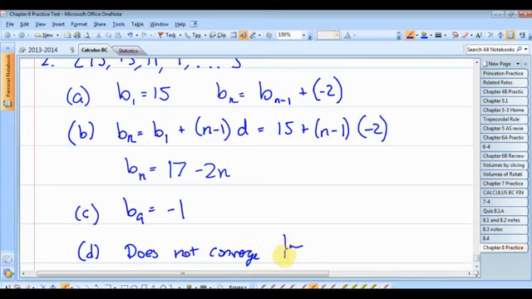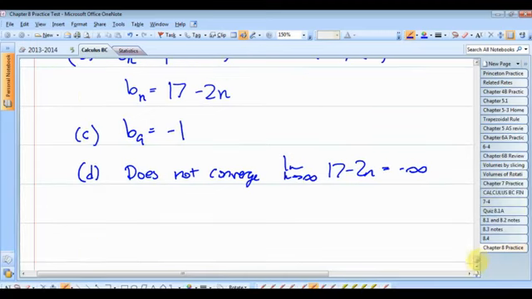The limit as n approaches infinity of 17 minus 2n is negative infinity. E does not apply, right?